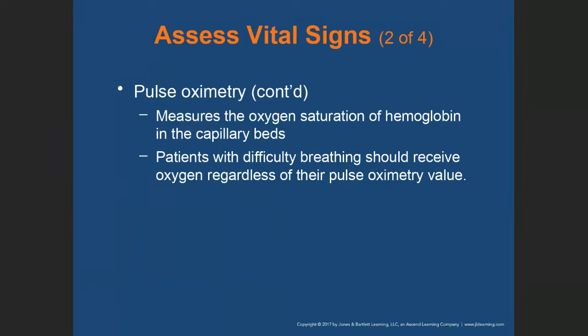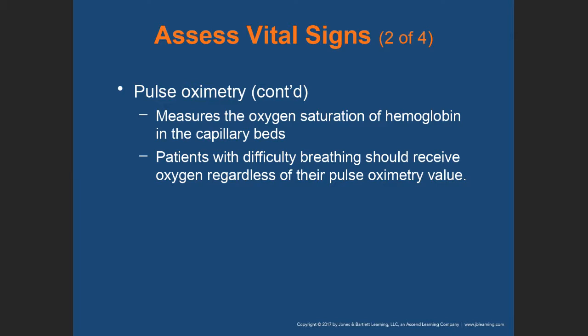A patient might have a good pulse ox reading, but their oxygenation level inside of the body is not good. So you have to look at the patient presentation. What is the patient presentation? Then see what the pulse ox is saying. The patient may require oxygen with a good pulse ox reading, or you may have a patient with a poor pulse ox reading, and it doesn't matter how much oxygen you give the patient, the pulse ox doesn't move.